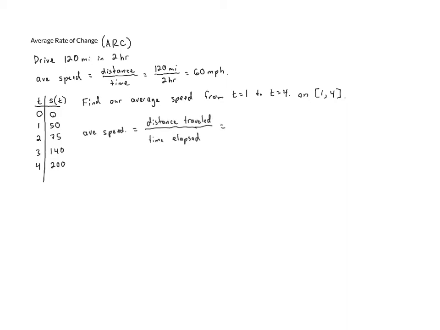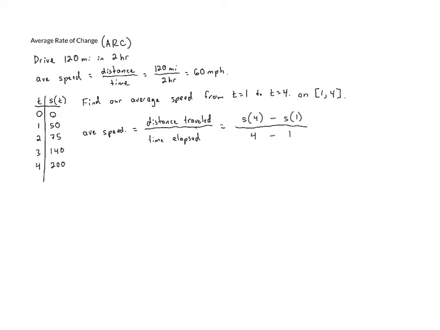This is a formula that's always going to be true, whether we're driving, whether we're running, whether we're looking at minutes or hours. And the way that we do this, to find the distance traveled between these two times, we have to look at the positions and take the difference. So it's going to be our position at hour 4 minus our position at hour 1 divided by the amount of time that has elapsed, which is going to be 4 minus 1.